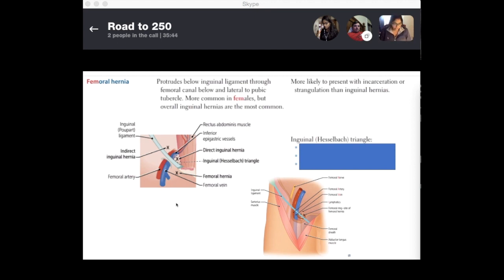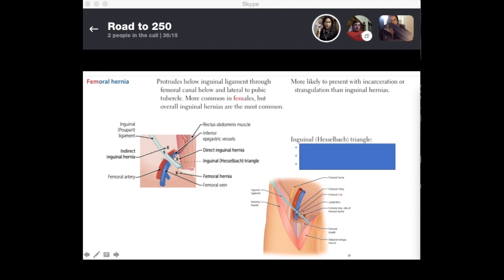And as far as the inguinal triangle that we see in this diagram here, do we know what composes the borders of that triangle? Epigastric vessels. The inguinal ligament.